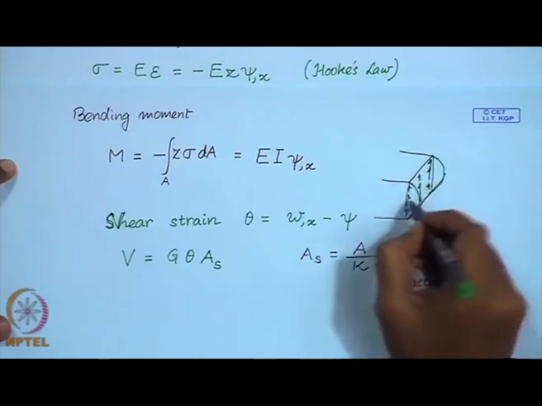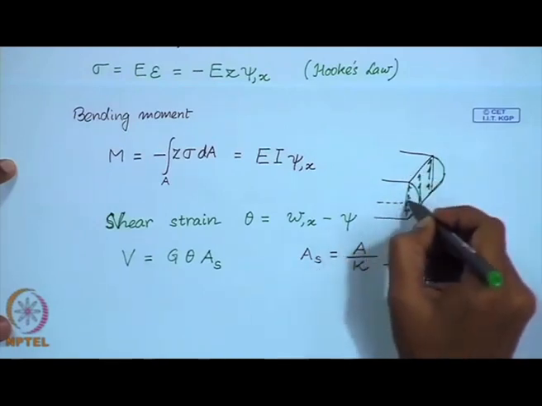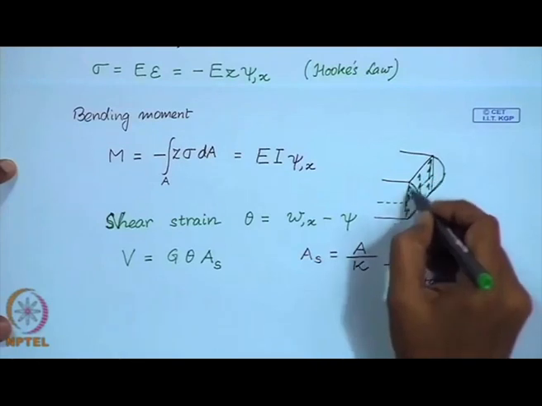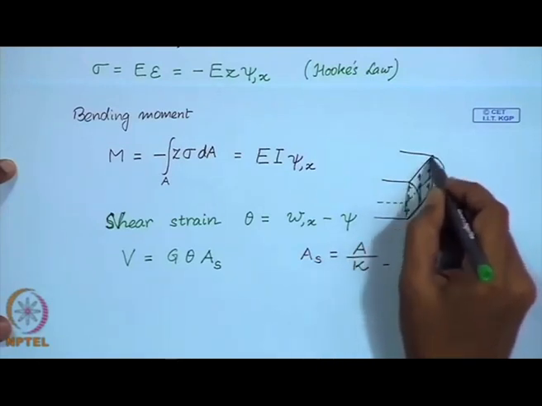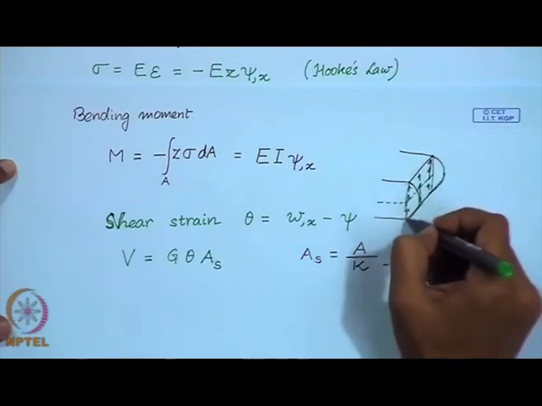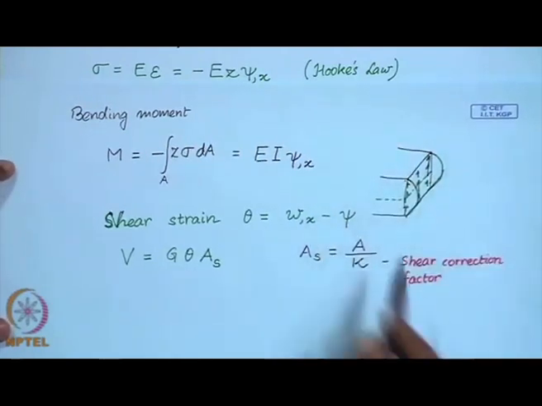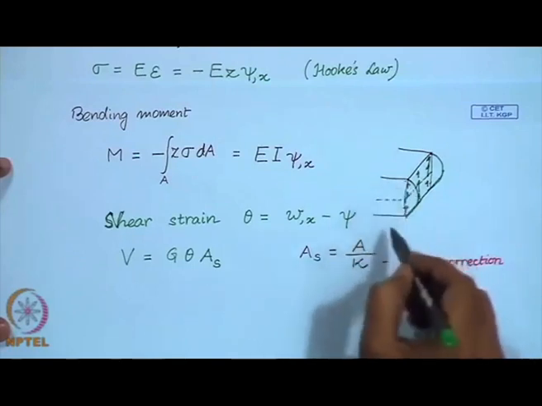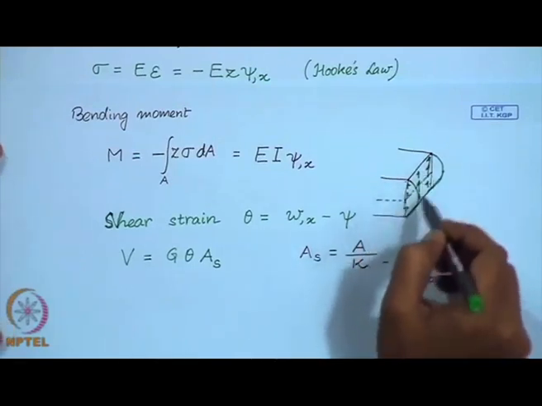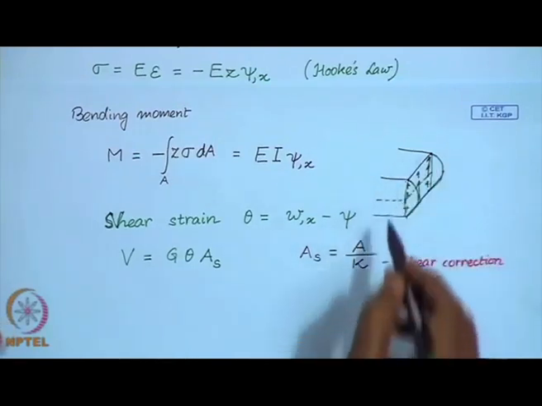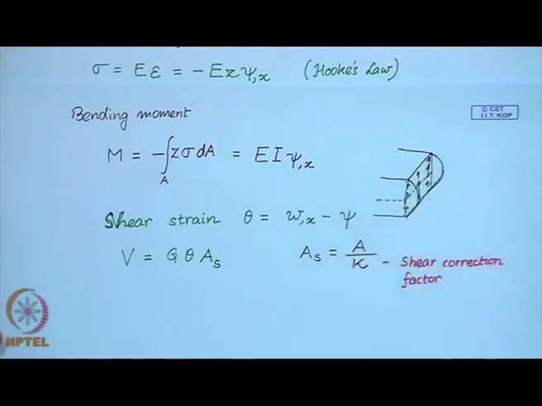It is maximum at the neutral fiber and reduces and goes to 0 at the top and bottom fibers, because there is no shear stress on the top surface and the bottom surface. So, the distribution of shear stress in a beam with rectangular cross section is parabolic.